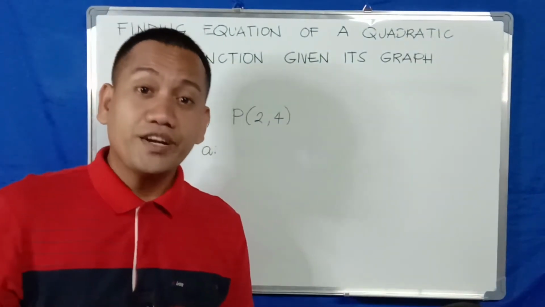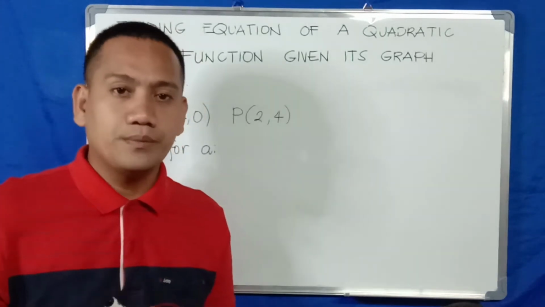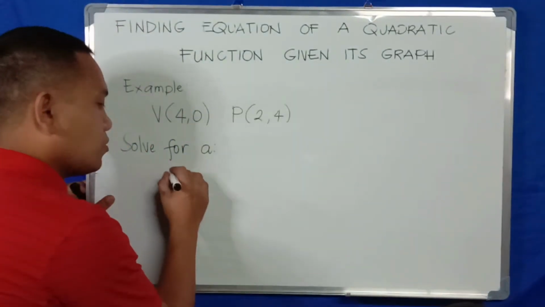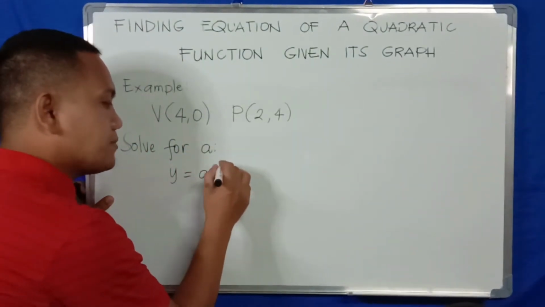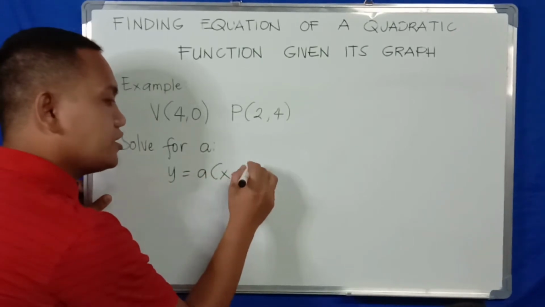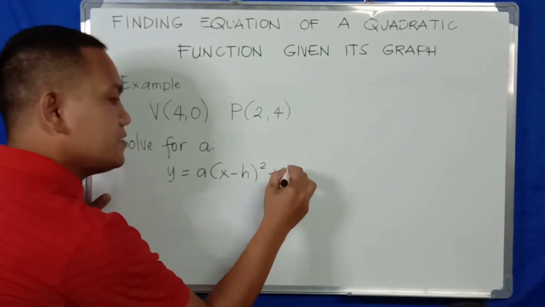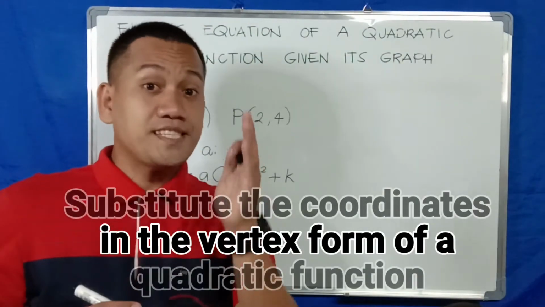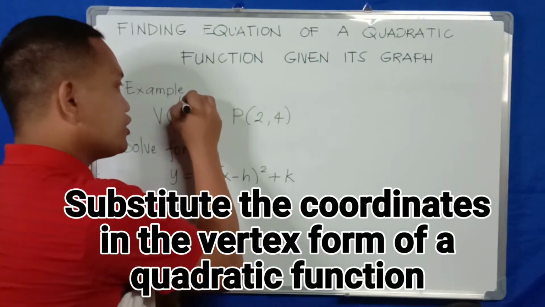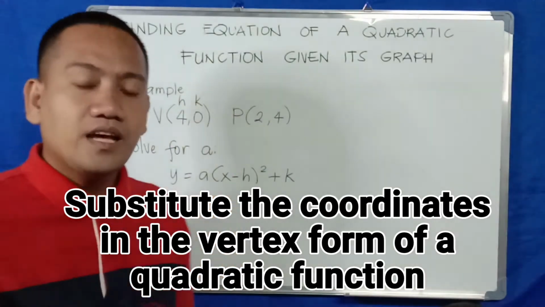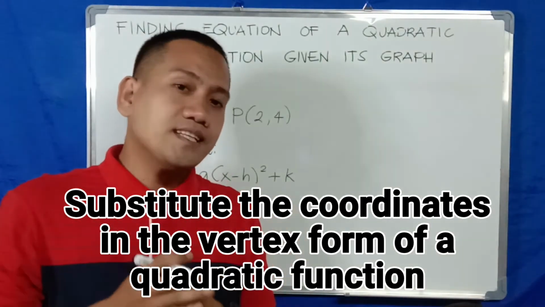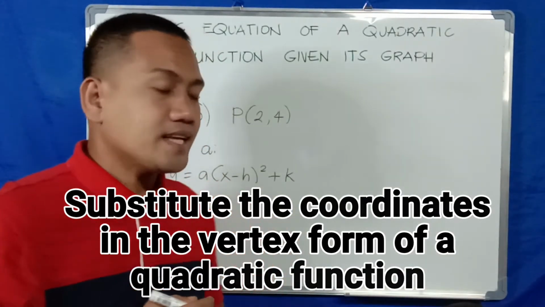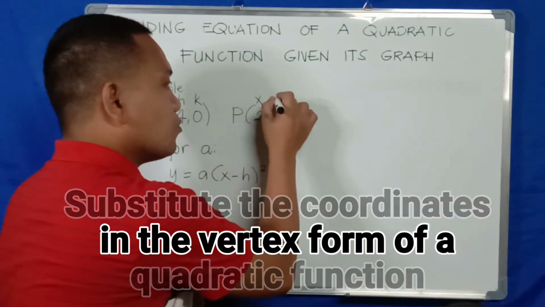Using our vertex form or standard form, given as y equals a times the quantity (x minus h) squared plus k, substitute the coordinates of our vertex, which is represented by h and k, and the coordinates of our point present along our parabola, represented by x and y.